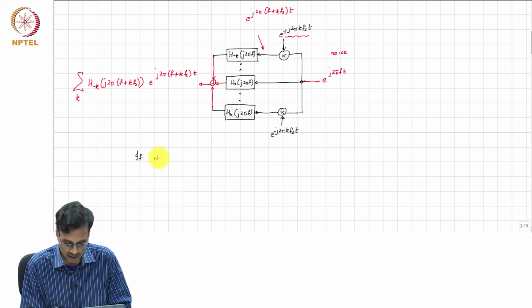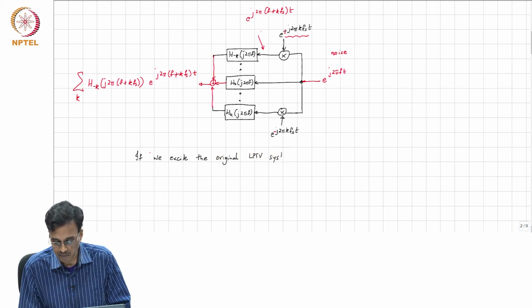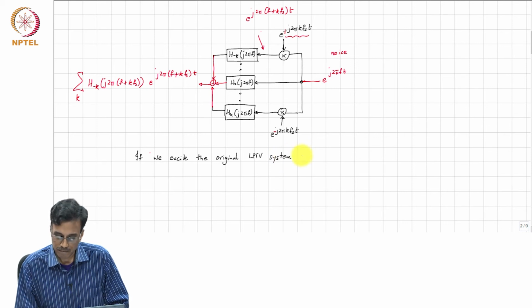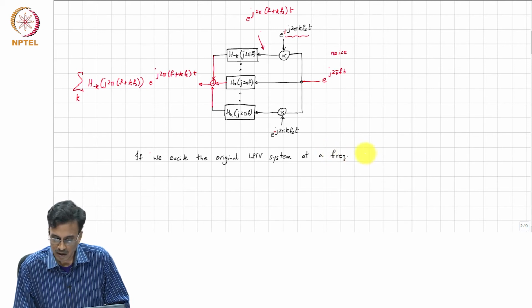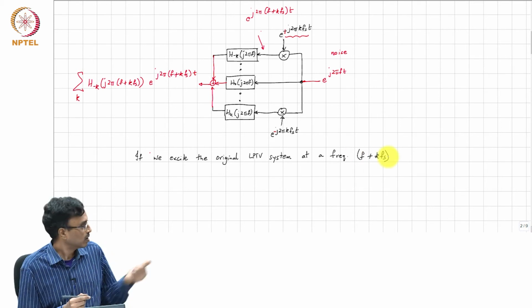So, basically what this is telling us is that if we excite the original LPTV system at a frequency f plus k times fs, what will happen?